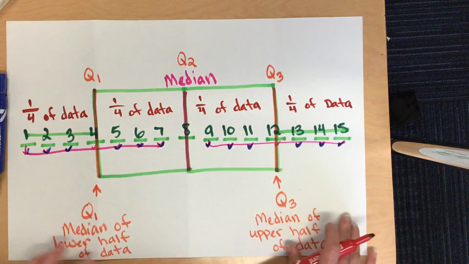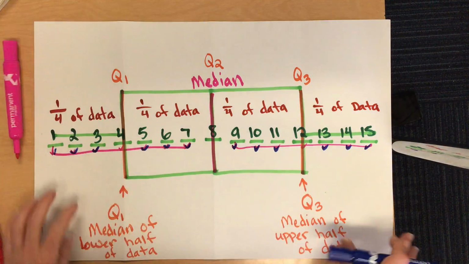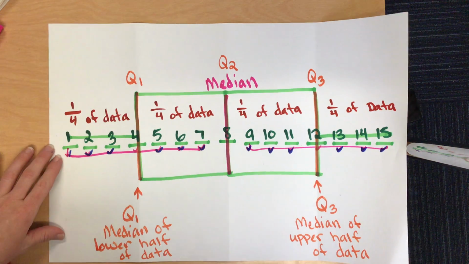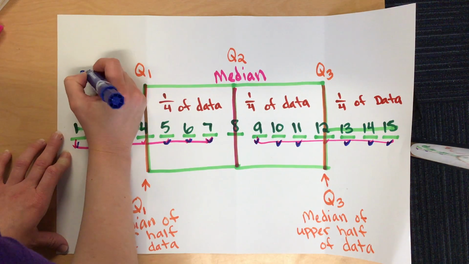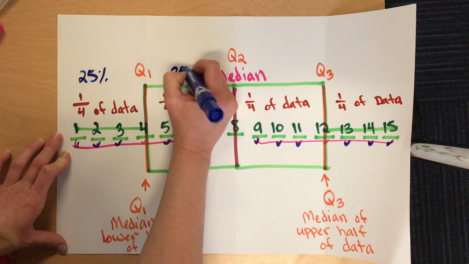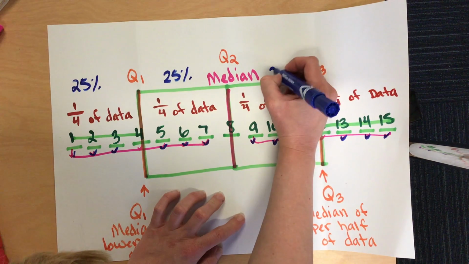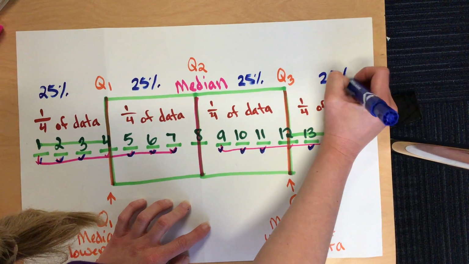So now we're representing the fourths. And you guys know that 1/4 is equivalent to 25%, so each section would also be 25%. We could talk about it using percents or fractions. Okay, so what does that mean? What if I wanted to interpret this?